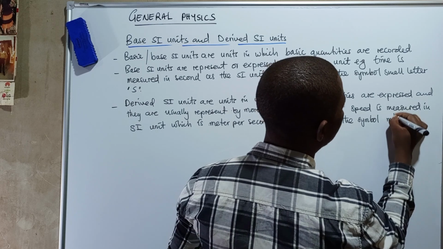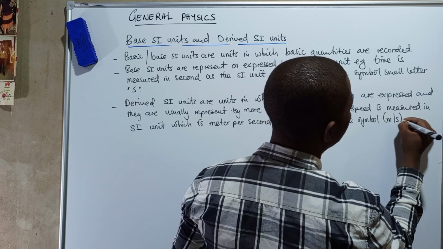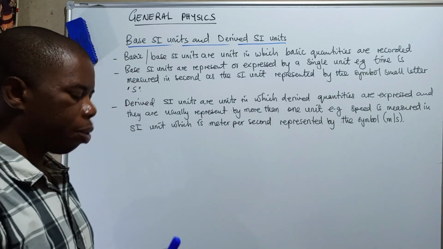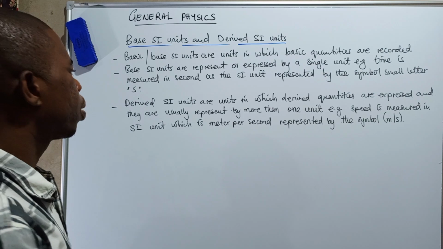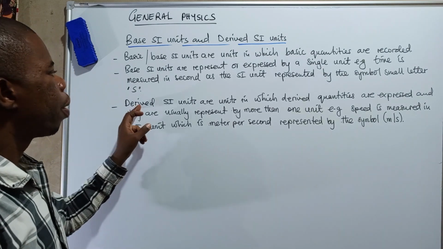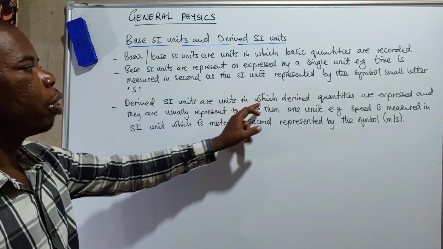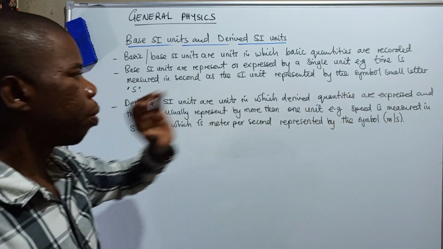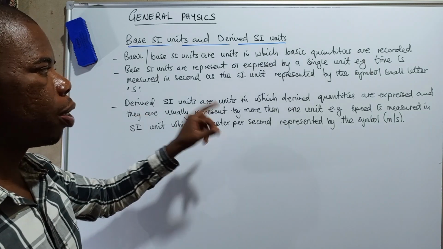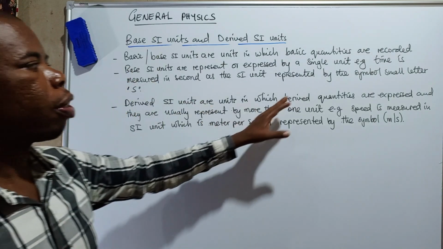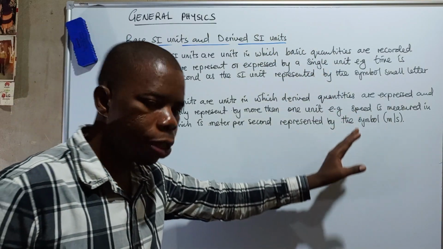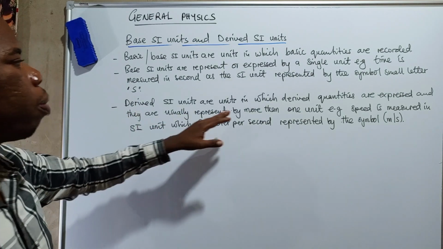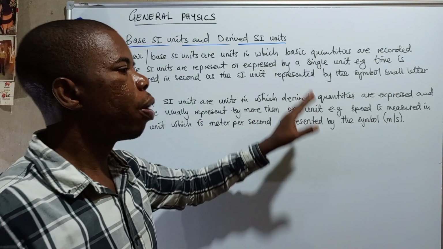meters per second. Now, when you look at this, you will see that it makes sense that derived SI units are units in which derived quantities are expressed, and they are usually represented by more than one unit.